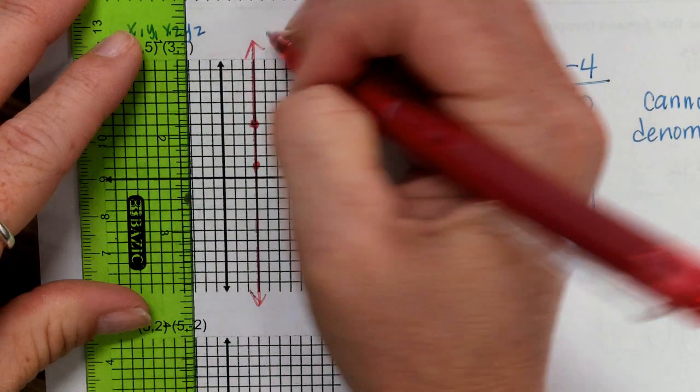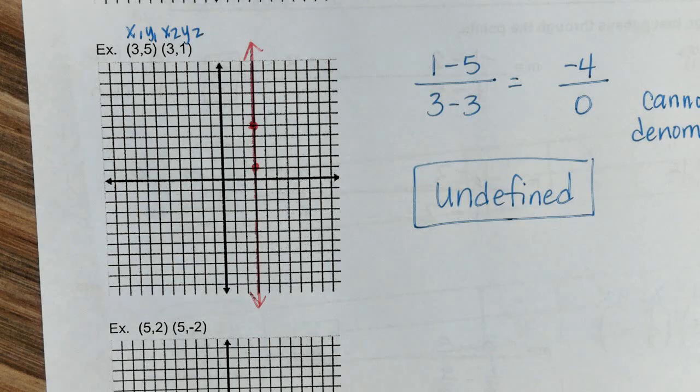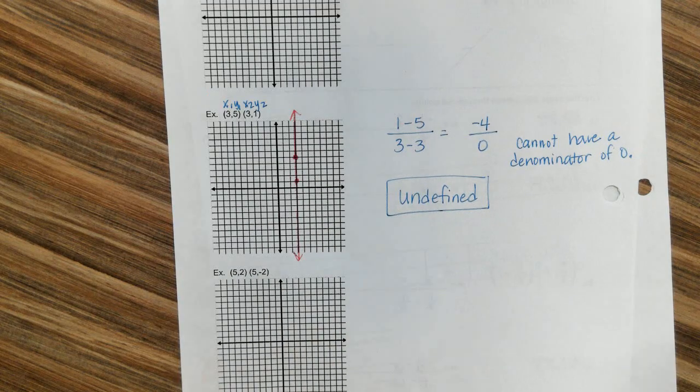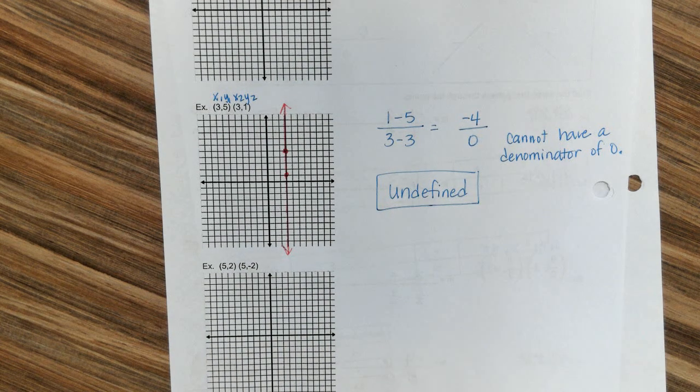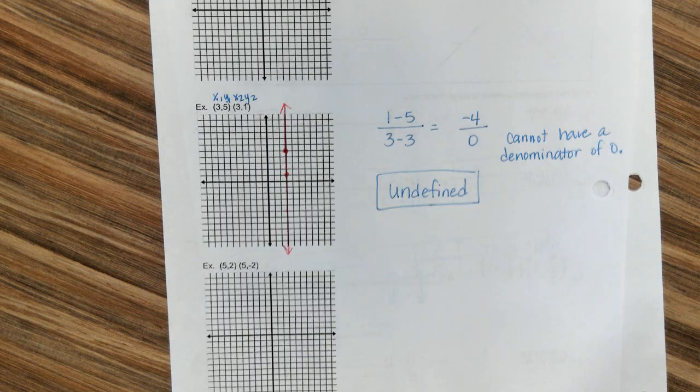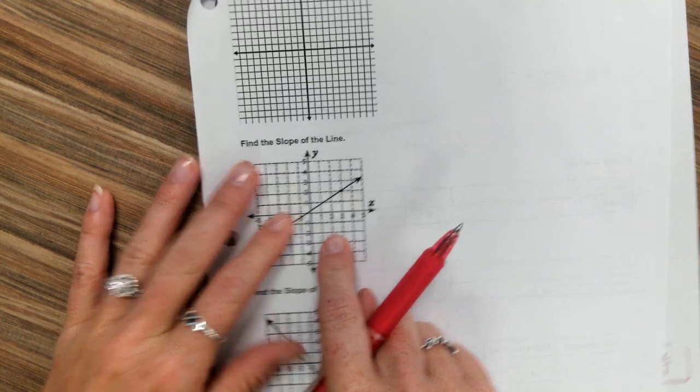And you can see when you graph it, it is an undefined slope. Any questions so far? Okay, skip to the next page, to this one.